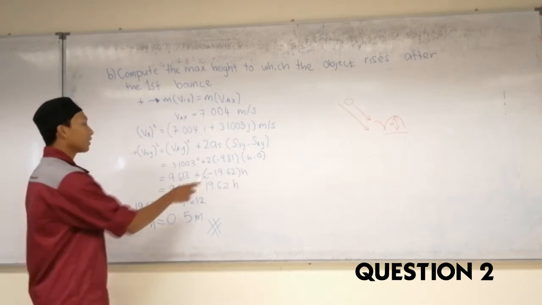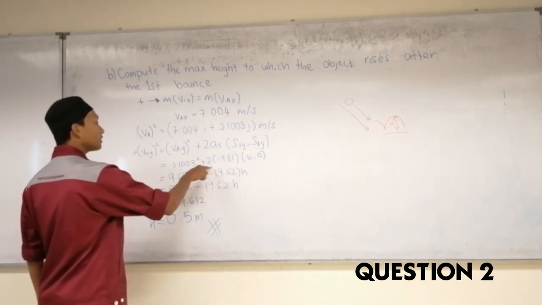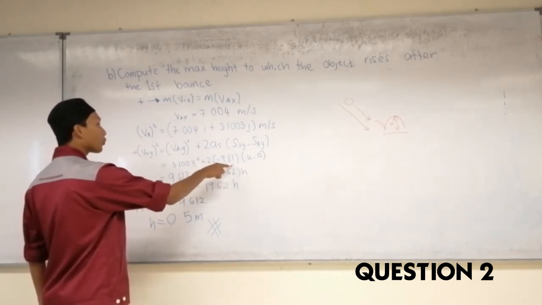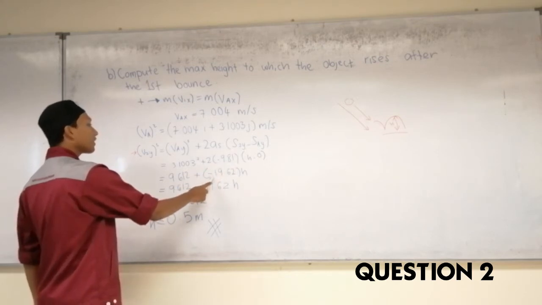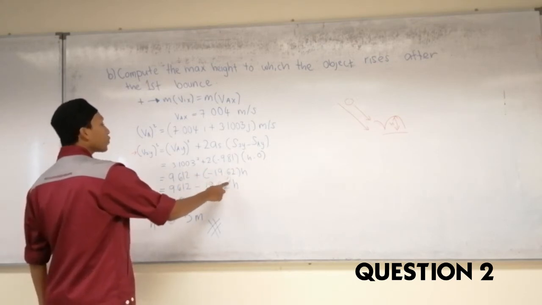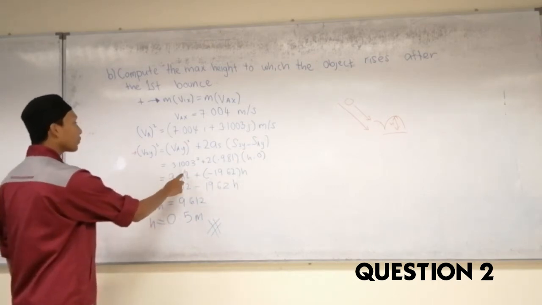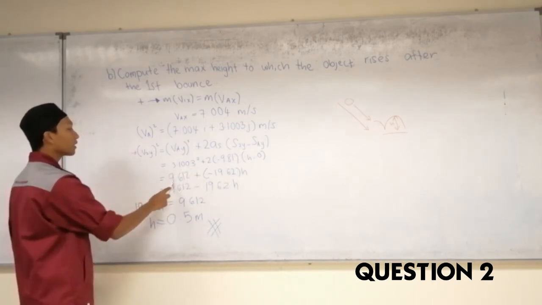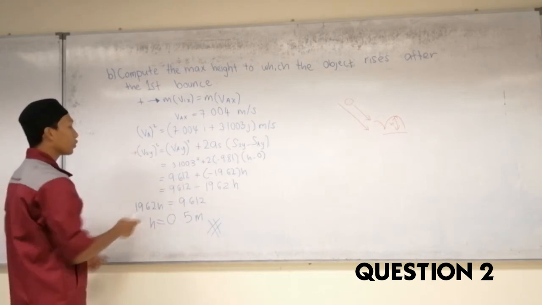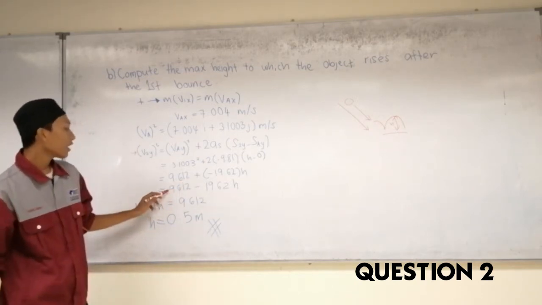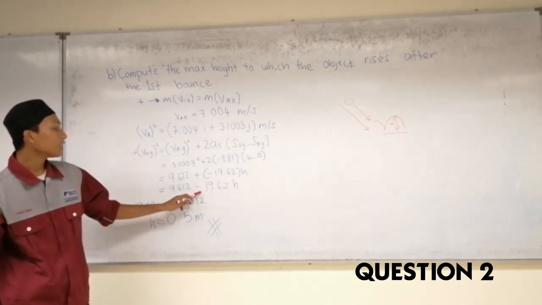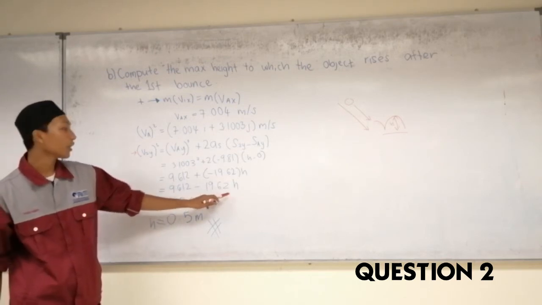Then we calculate this. 2 times negative 9.81, we get negative 19.62 times H. And 3.1003 squared, we get 9.612. So 9.612 minus 19.62H.